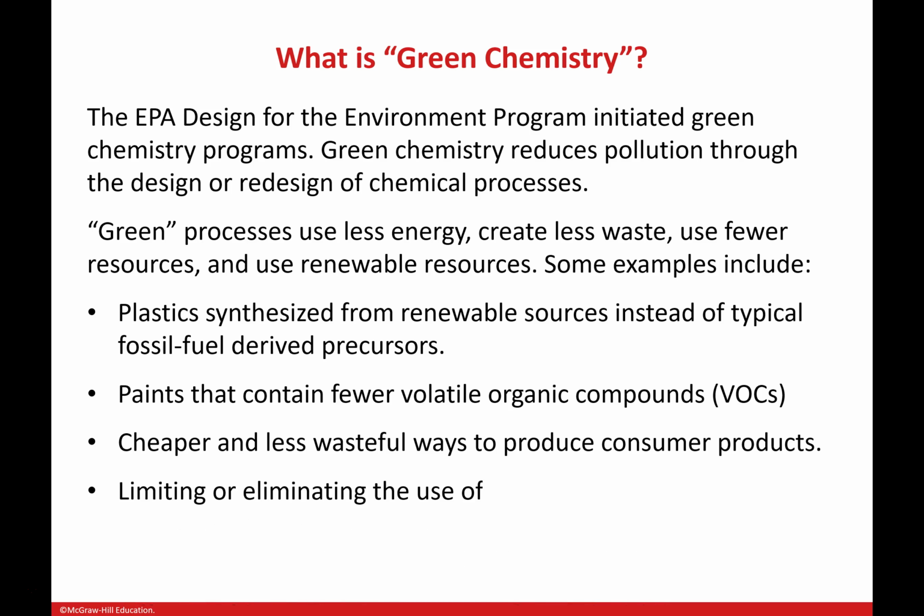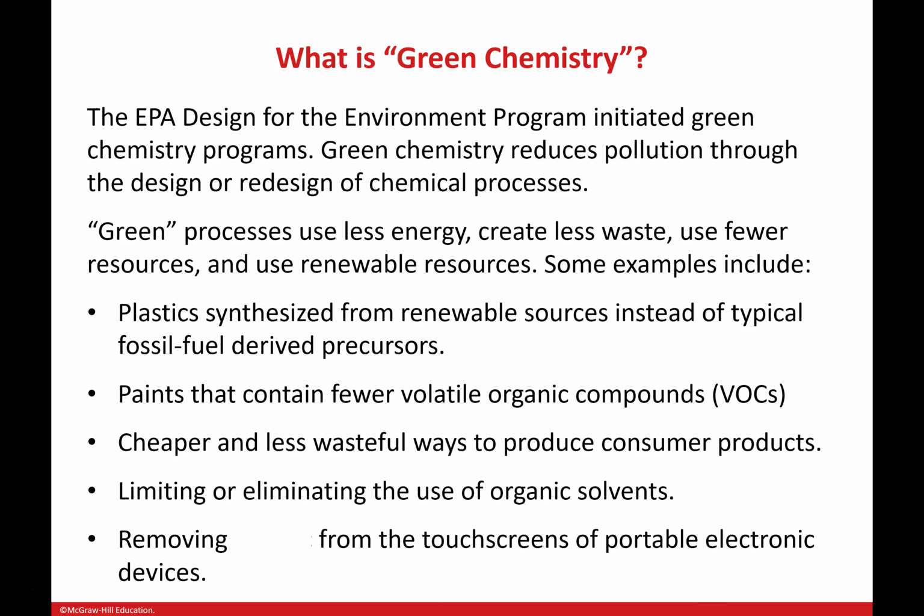Limiting or eliminating the use of organic solvents. And then last but not least, this seems like a wild child: I guess there's an issue with the element arsenic in our electronic devices. Try to remove that from the equation.